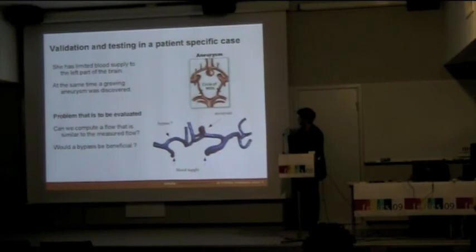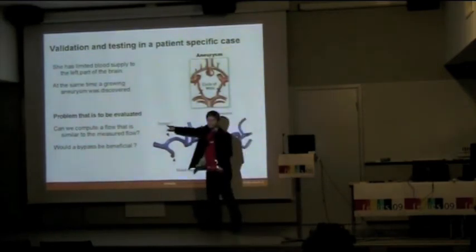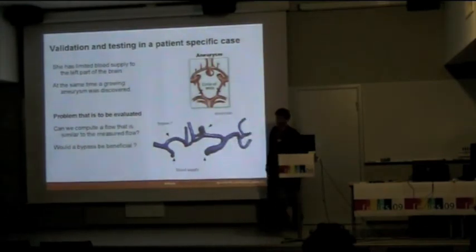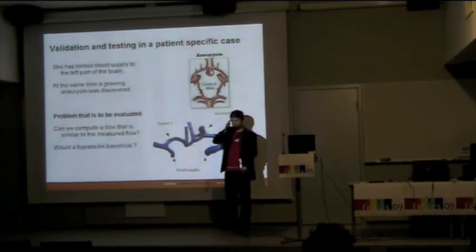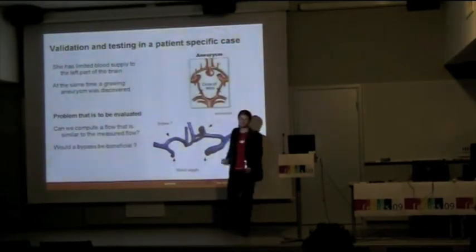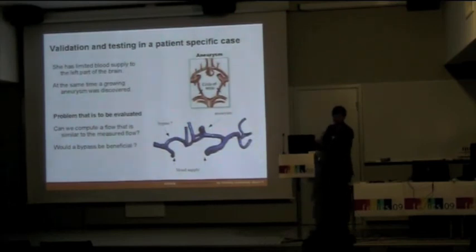What they wanted us to look at was whether a bypass would be beneficial. So you simply take a vessel from here and you connect it to the circle of Willis. That's what they suggested to do.